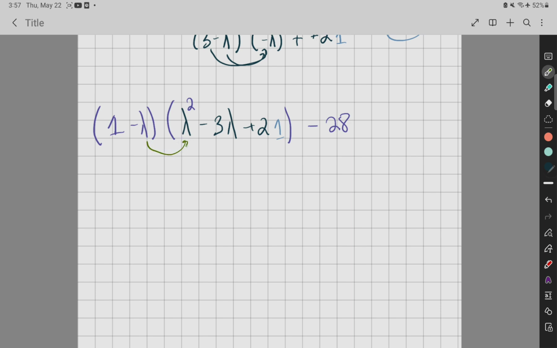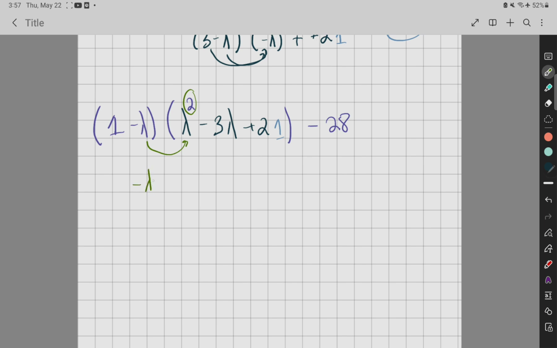So we have negative lambda times lambda squared. Remember I said multiply, you're adding. That's with everything, with anything. Not even with lambda. It could be x squared times x to 1. That's x cubed. Okay?